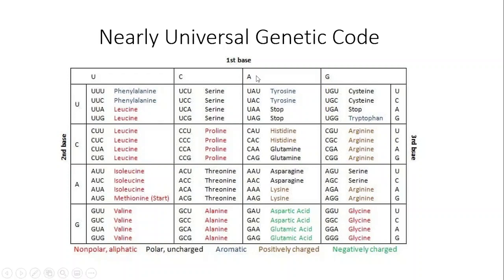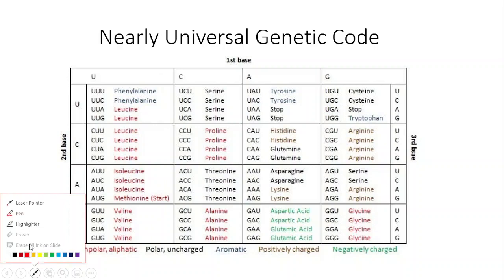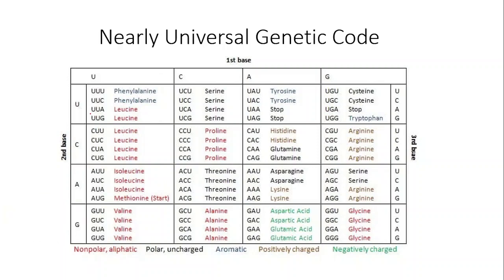And UUU is turned into phenylalanine, which is an amino acid, a different kind of chemical. UUA is turned into leucine, but CUG is also turned into leucine, and AUU is turned into isoleucine.